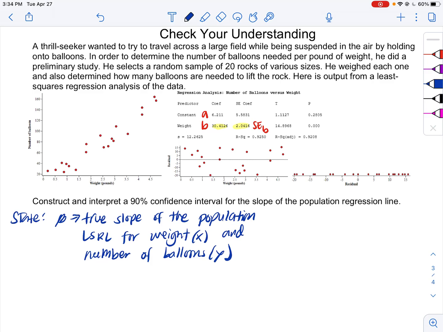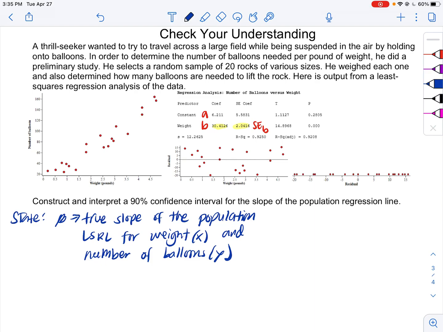He selects a random sample of 20 rocks of various sizes because he wanted to see how many balloons are needed to successfully travel across without any damage, I guess. So he weighed each one and also determined how many balloons are needed to lift the rock. Here is the output from a least squares regression analysis of the data.